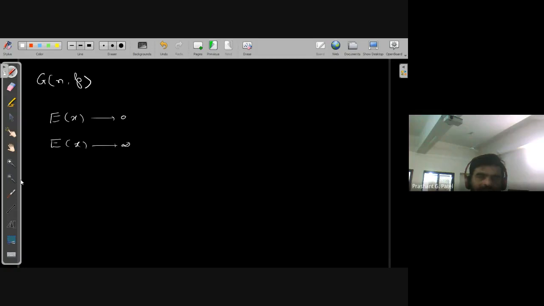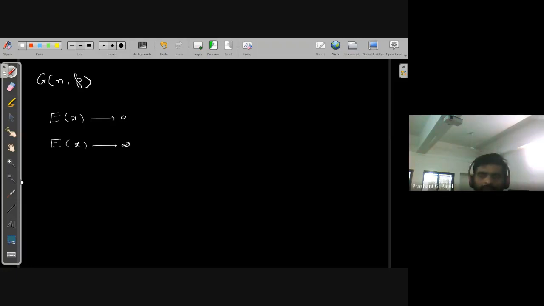One might raise the question: for the G(n,p) graph model, do there exist items that are concentrated on a small fraction of graphs, so that the value of p where E of X goes from 0 to infinity is not a threshold?